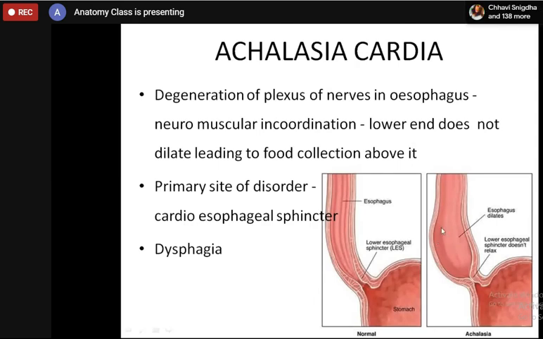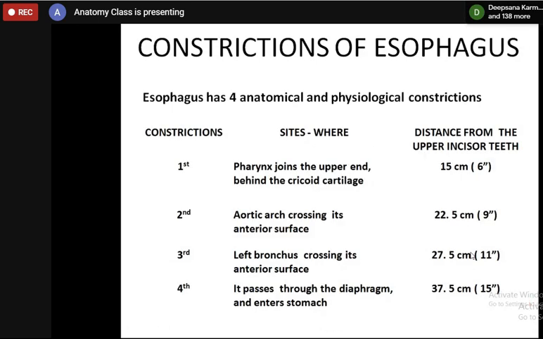The constrictions of the esophagus. There are normally four different sites of anatomical and physiological constriction. These are the normal sites of constriction. The first constriction is at a distance from the upper incisor teeth of about 15 centimeter or 6 inch.